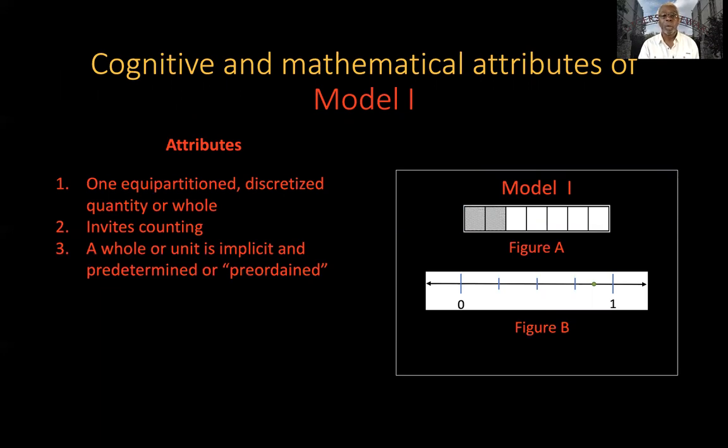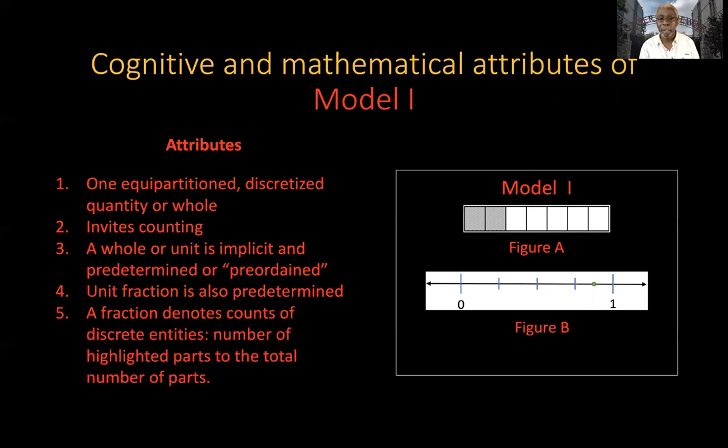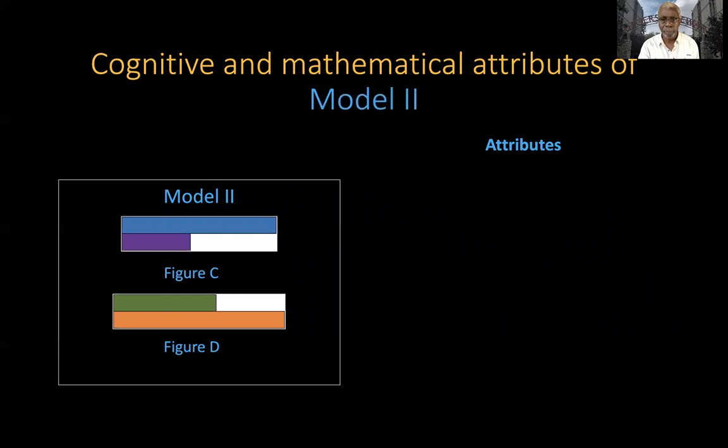The whole is implicit, or as a teacher once told me, preordained. The unit fraction is also predetermined. And so in model one, a fraction denotes a count of discrete entities, the number of highlighted parts to the total number of parts.